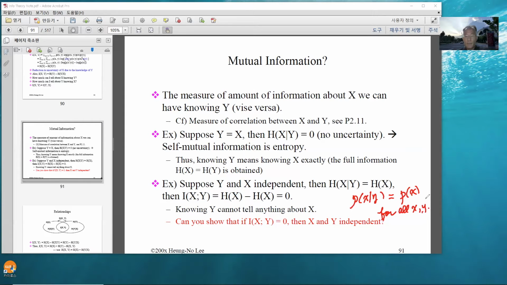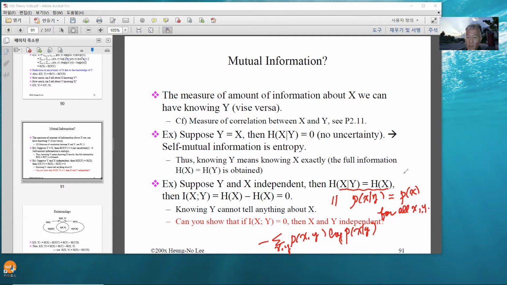In this case, it comes out that the entropy should be the same, because by the definition, right? Basically, that is the sum of P(x,y) over all X and Y, times log of P of X given Y. Take the negative sign outside.